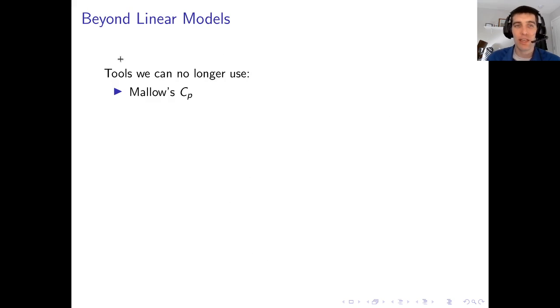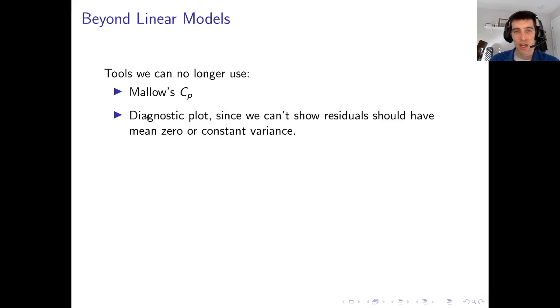So what can we not use now that we're not working with linear models anymore? Well, we can't use malloc. Remember the assumptions there: they relied very heavily on the linear structure between y and x, the assumption of constant variance, and so forth. This was a specific tool for linear regression.